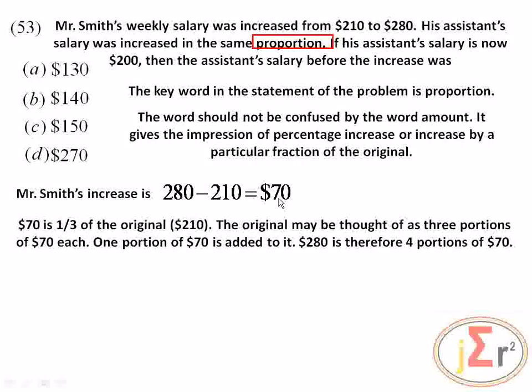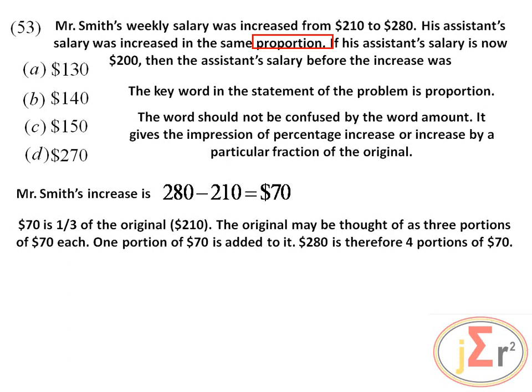So we have increased it by 1/3 of the original. We find 1/3 of 210 and add it to 210, then we get 280. So the original may be thought of as 3 portions of $70 each, and one portion of $70 is added to it.